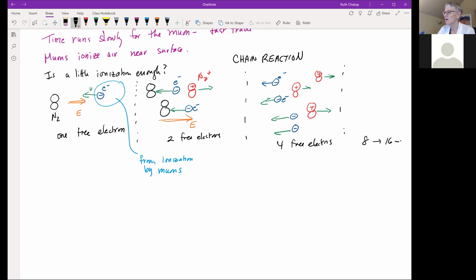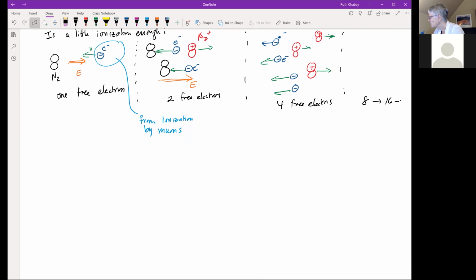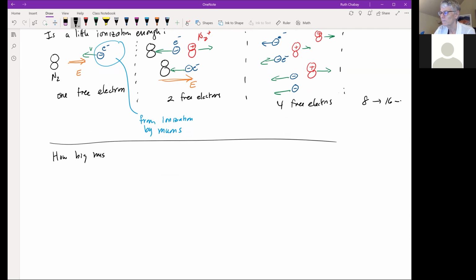So the remaining question is, how big a field do we need to make this happen? And since our force argument didn't help, let's make an energy argument.